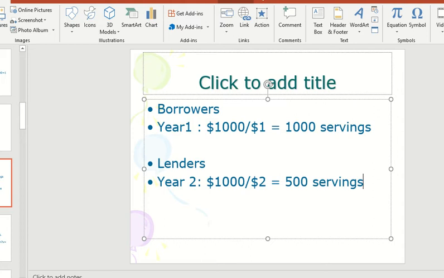If you were a lender, given all this information, what kind of interest rate would you charge your borrowers? Just think about it.